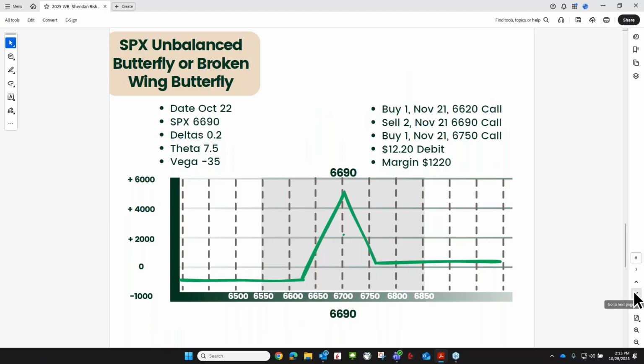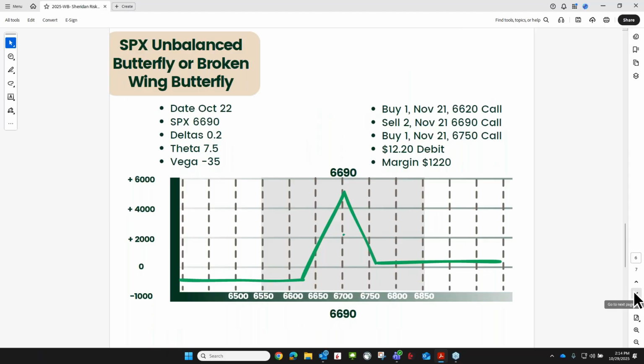Yes, right? What's the reason I would do a broken wing? To get the deltas closer to zero. In effect, it reduces my upside risk, increases my downside a little bit, but my capital requirement goes to about $1,220, the debit. And in the call butterflies that I've mentioned today, both of them, your risk is your debit, right?